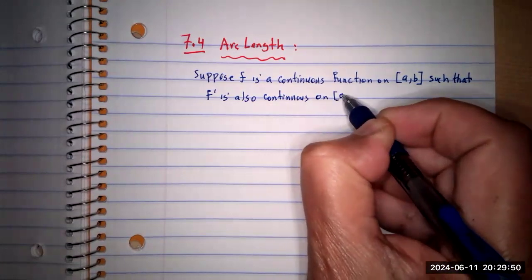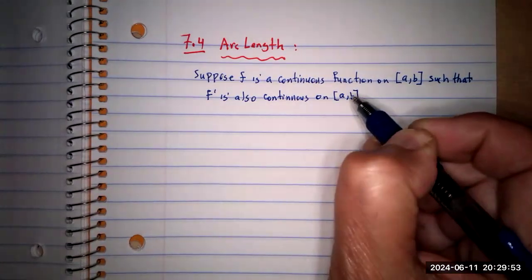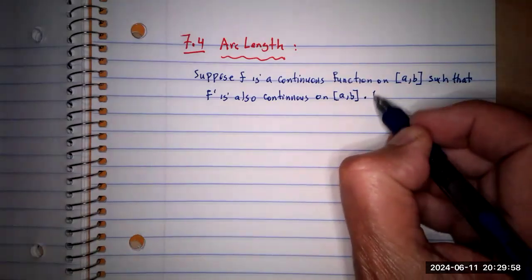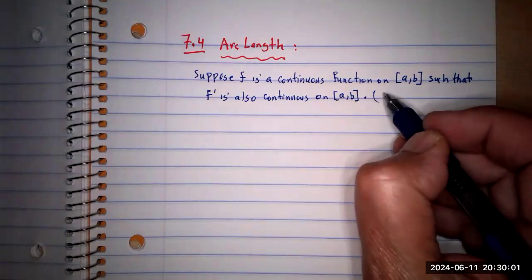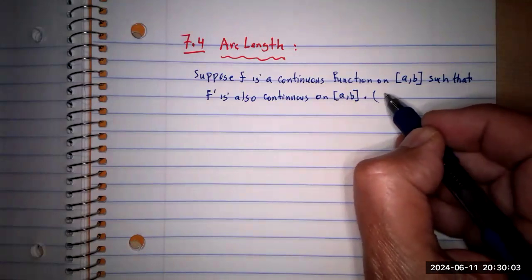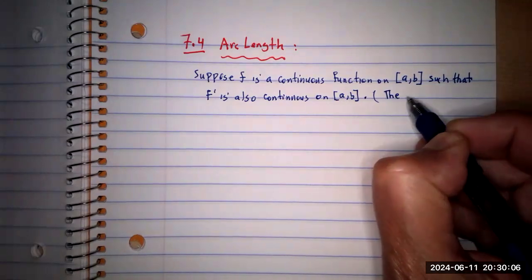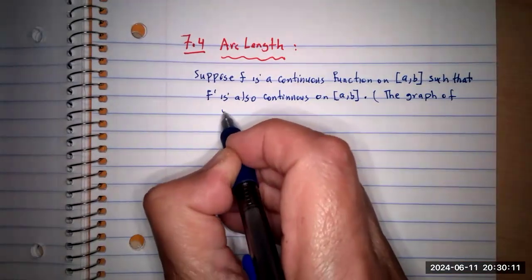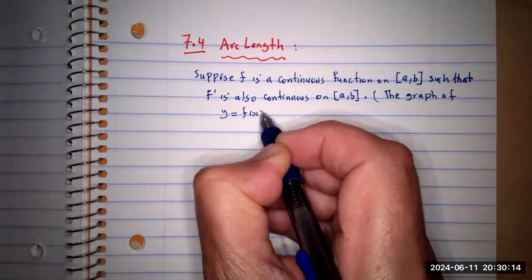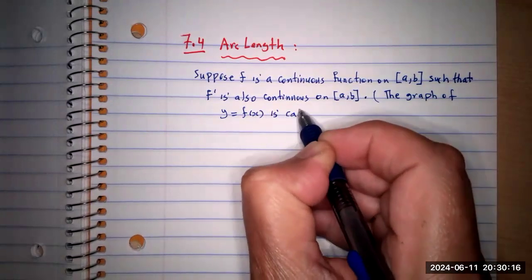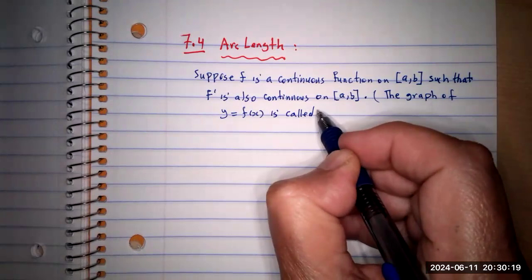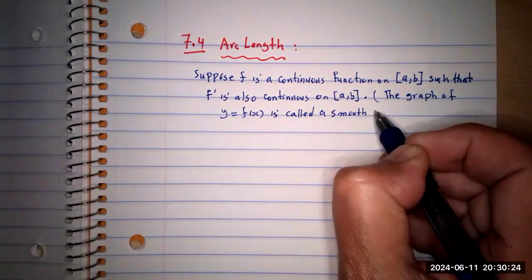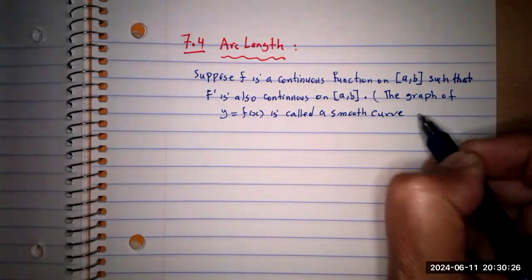And sometimes we assume that f prime is not equal to 0. In this case, the graph of y equals f of x is going to be called a smooth curve on this interval.